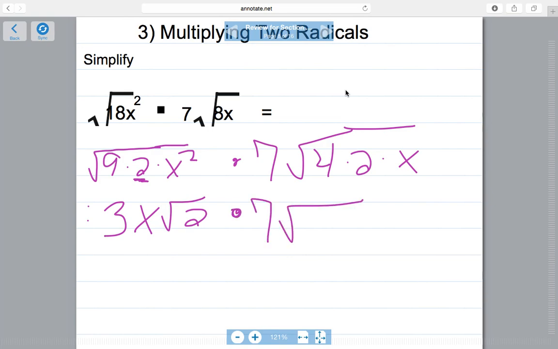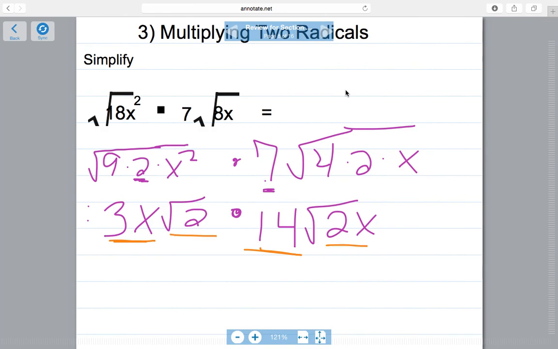This part over here, we're going to have 7, and then the square root of 4 is 2. So 7 times 2 is 14 square roots of 2x. Alright, so next what we have to do is multiply 3x times 14 and then multiply the square root of 2 times 2x.